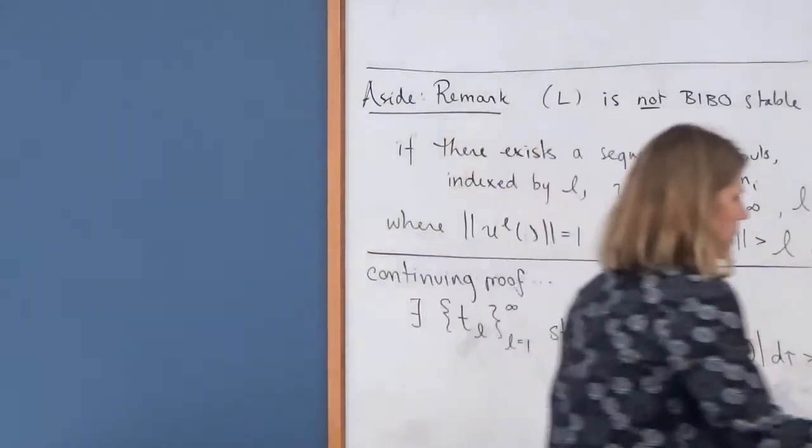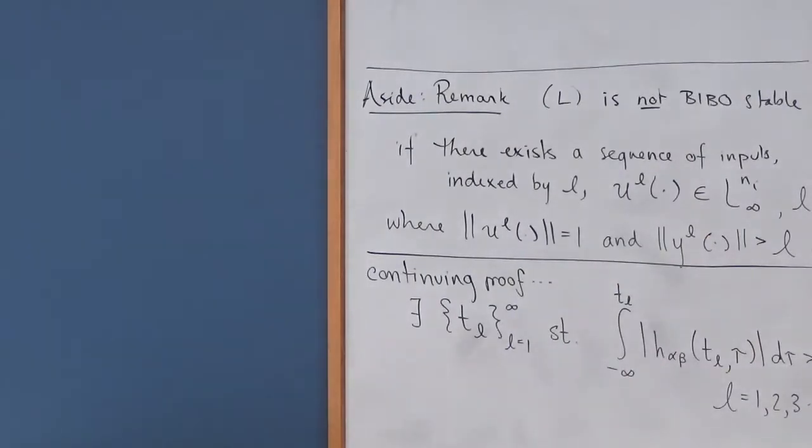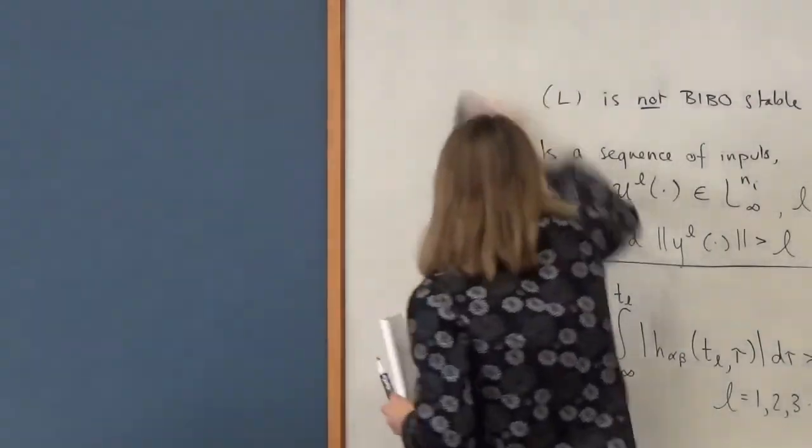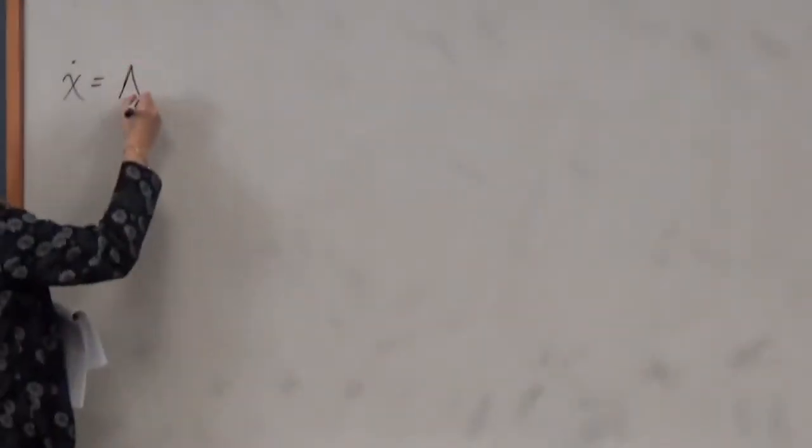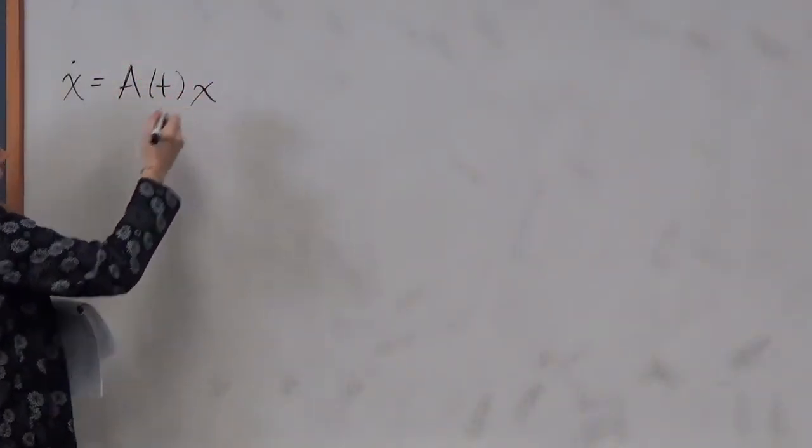Okay, so state space stability, or internal stability. Without an input, let's just look at x dot is equal to A(t)x.